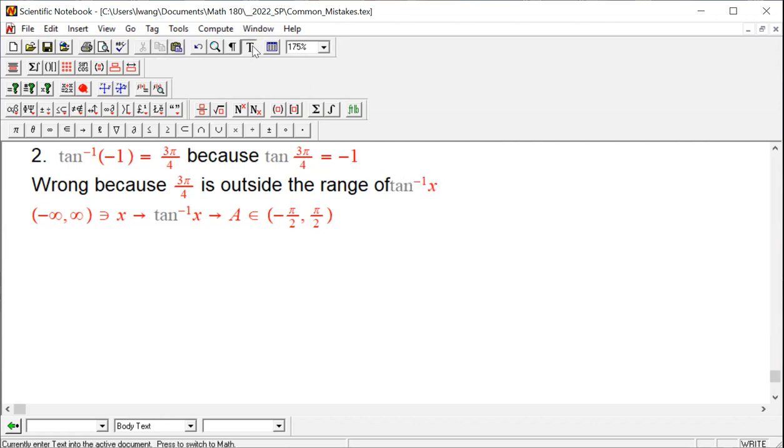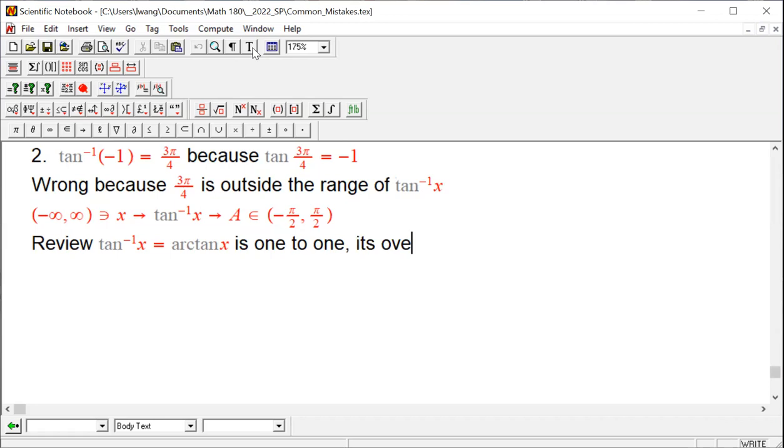In our lessons on tangent and arctangent, we know that arctangent is a one-to-one function. Let's review. We used that notation, arctan. Its inverse is just one piece of the tangent function.